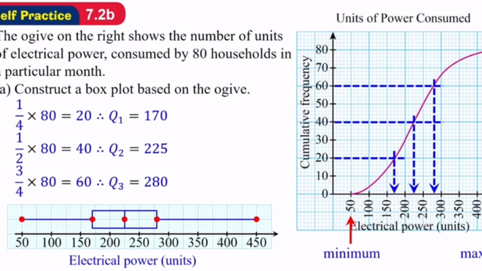So that's all my sharing about how to draw the box plot based on the Ogive given. So now we will proceed to the next lesson on part B. Let's get started with the part B now.